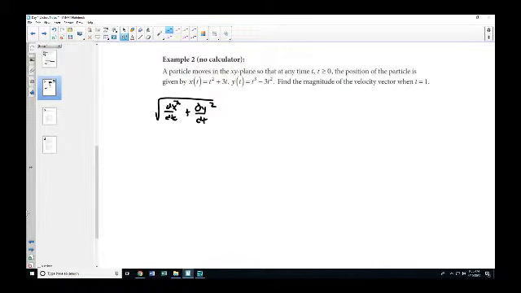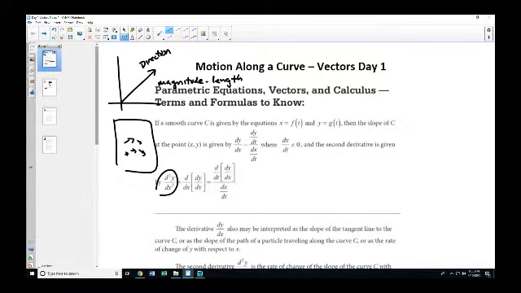Does that look familiar? In pre-calculus, that would be the distance formula. So if you look at my original vector, this is 0, 0. Doesn't matter in the distance formula.